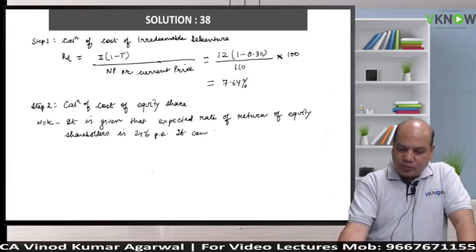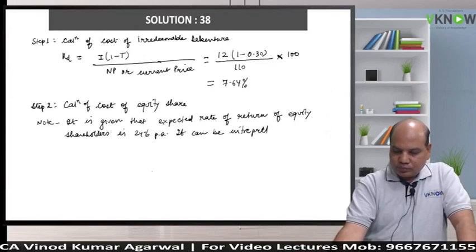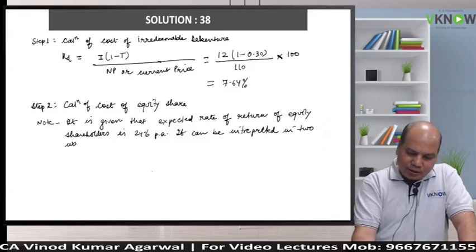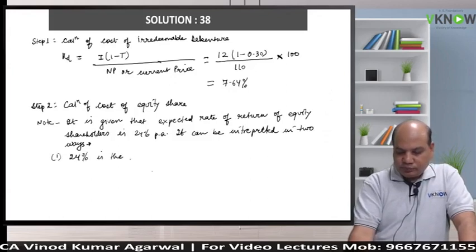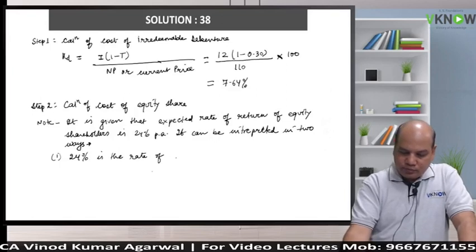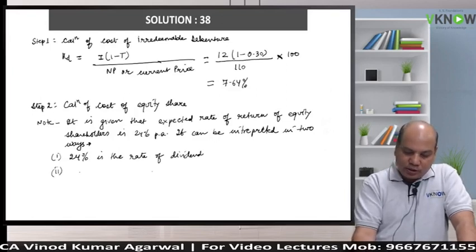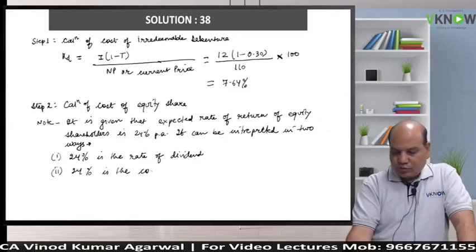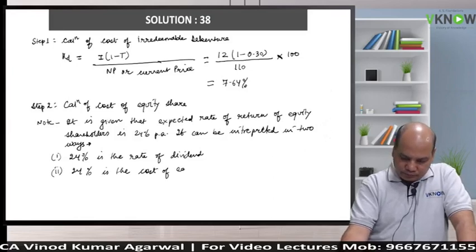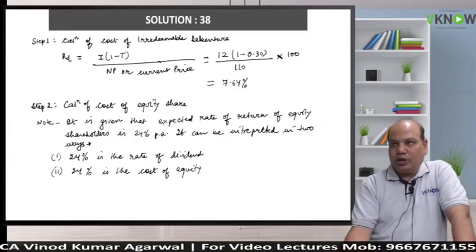It can be interpreted in 2 ways. One, 24% is the rate of dividend, and second interpretation is 24% is the cost of equity.